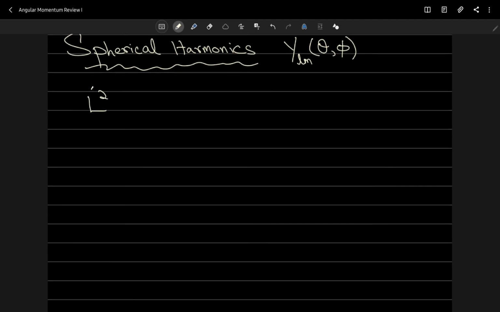L squared acting on Y_Lm(theta, phi) is equal to h bar squared L times L plus 1, and you get your function back as it is.